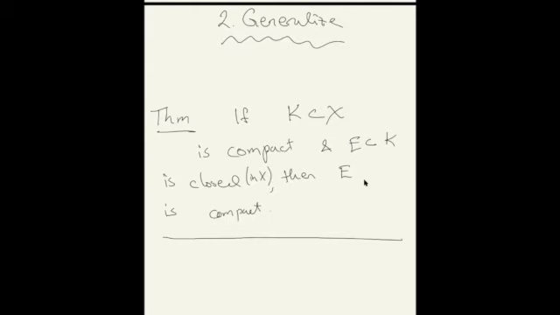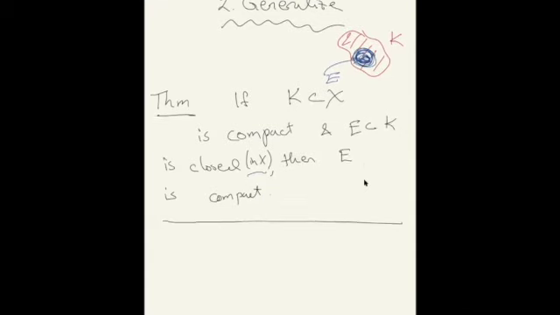If we have a metric space X, and some subset of it, K, and then we have some closed subset inside there, E, and this closedness is closedness in X. Actually, in this case, being a closed subset of K in its relative topology is the same thing as being closed in X. But if this part confuses, just assume closed in X. It won't make a difference for this statement.